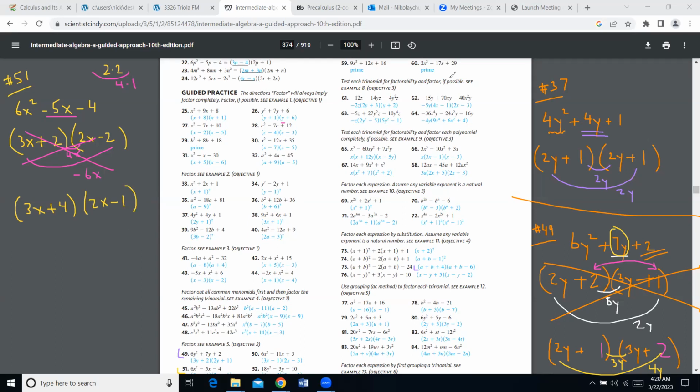Again, see what happens when I multiply these terms on the outside. We get 8x, 4 times 2x, and then -3x. So the result is going to be 5, but it's positive, and I need to have negative.